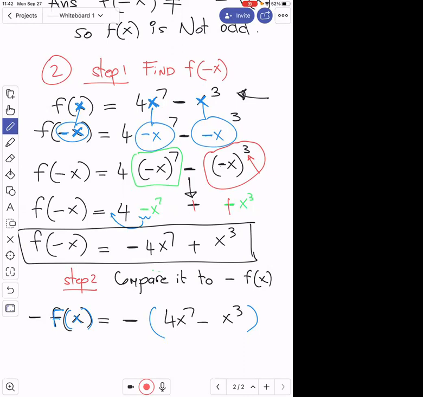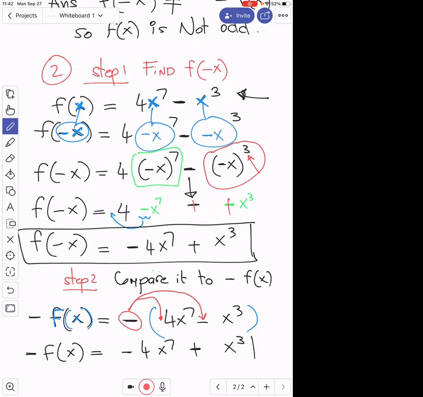All right, so we're going to distribute the minus. You think of the minus like -1, right? This minus here is like -1 times. You're multiplying by -1. So you distribute, so here you're going to have a minus, and then here, that's a minus, that'll be a plus. So your minus f of x is going to be minus 4x to the power 7, plus x cubed.